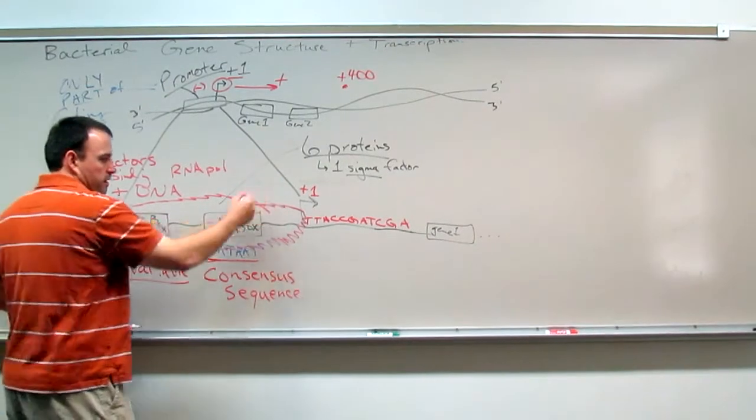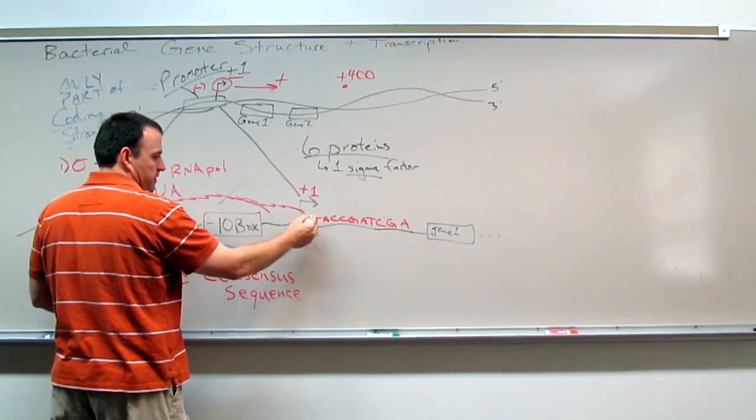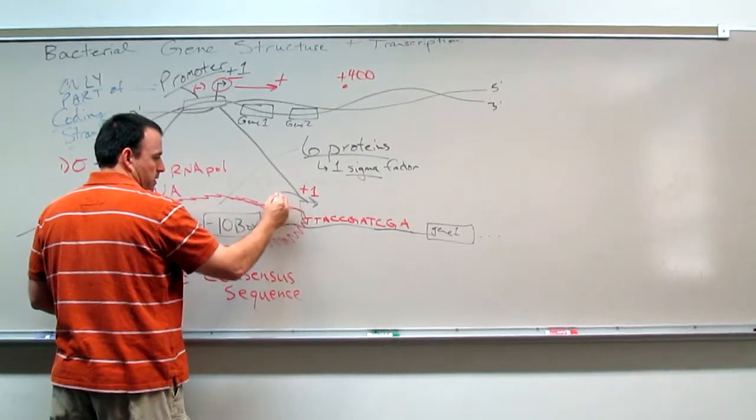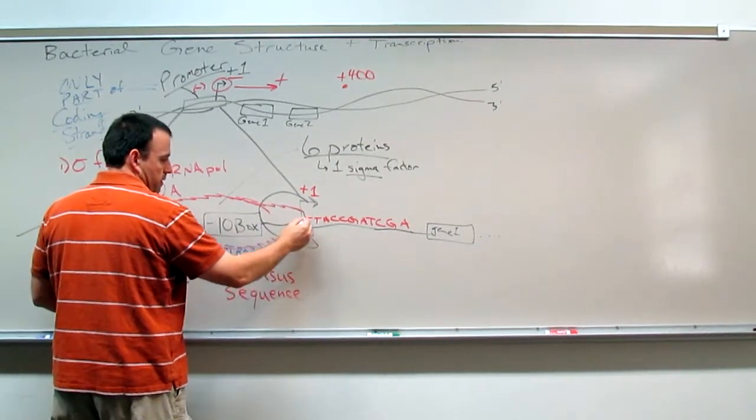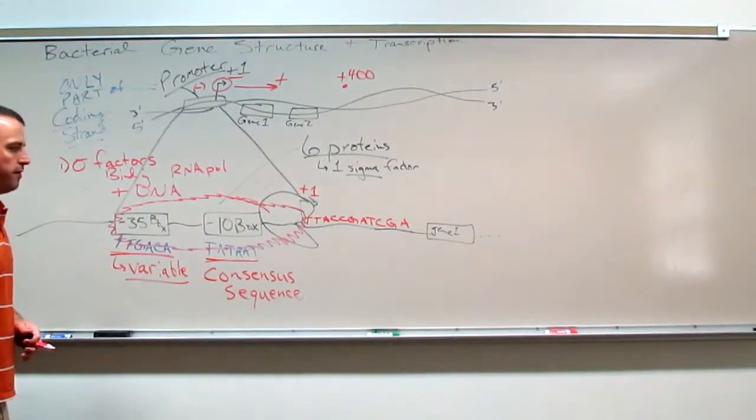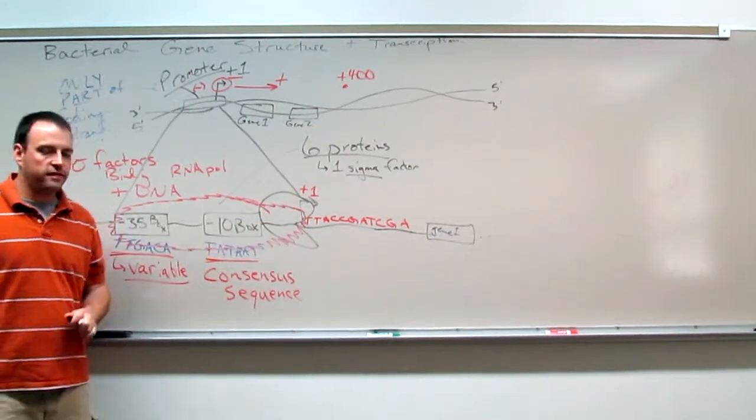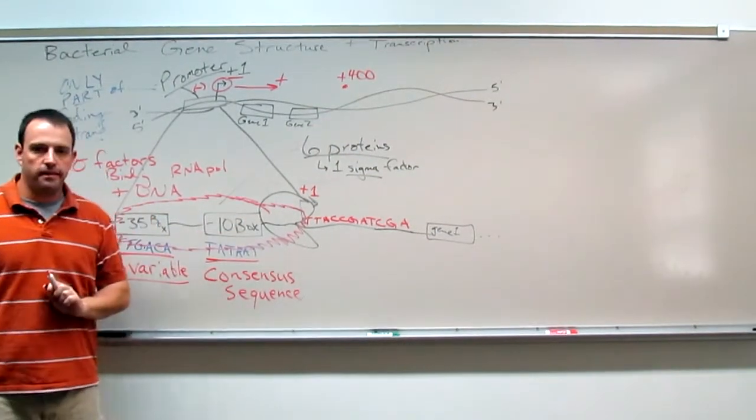So now, this whole thing, I'll draw the RNA polymerase as a special Pac-Man looking molecule. What we've done is get RNA polymerase right close to the +1 site.